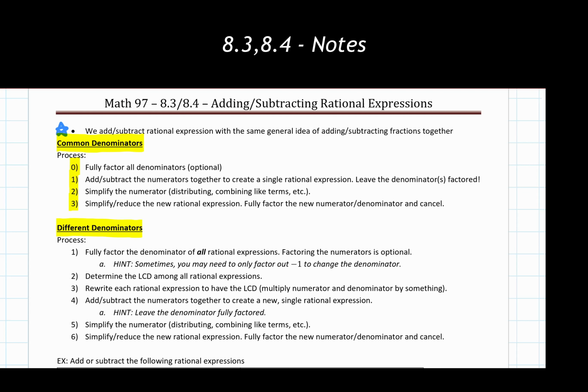That's the intention behind our first official step here. It should be noted, similarly to adding and subtracting regular fractions, we are going to leave the denominators fully factored, and the denominators are not going to change in the addition-subtraction step through this overall process.